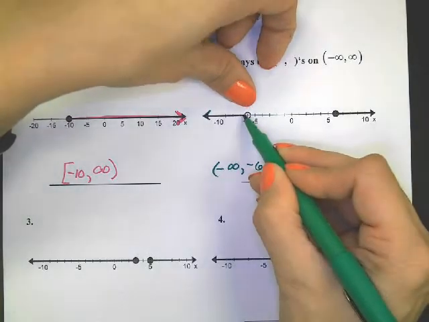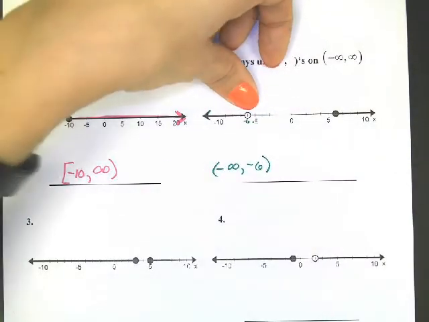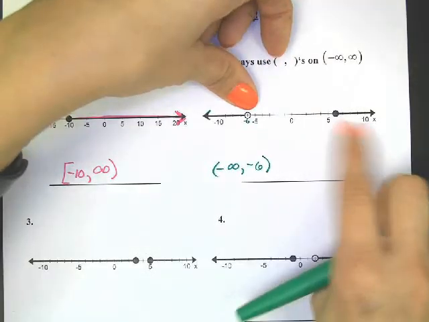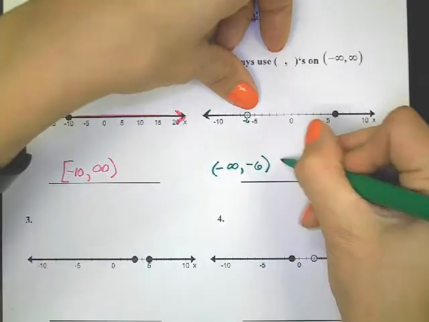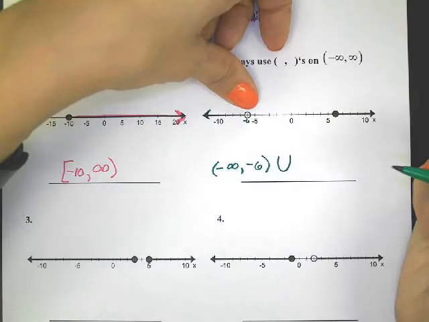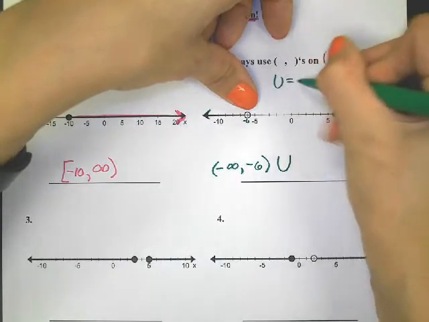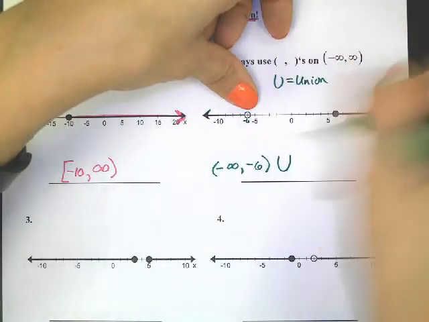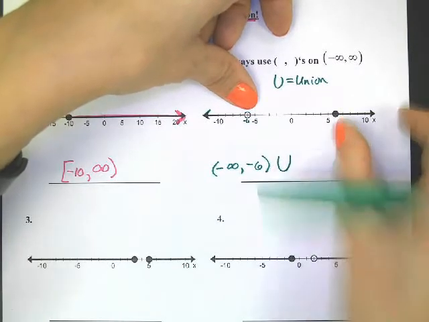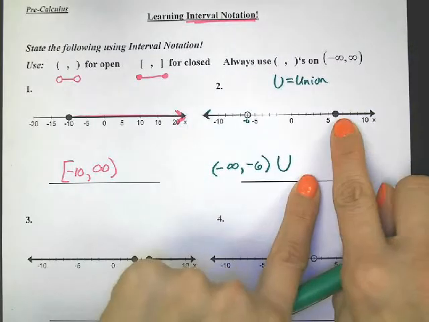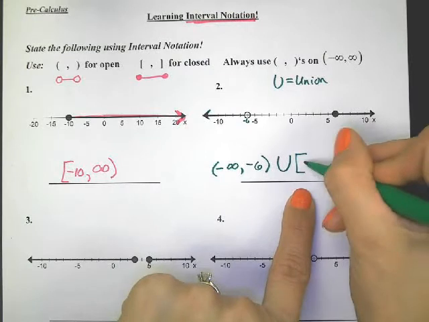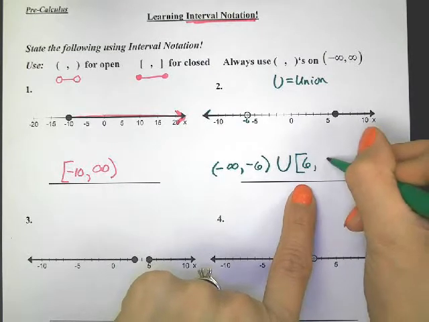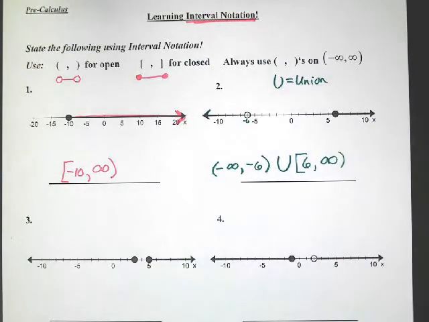That means all these decimals are used, but not the number -6. And now there's some more, so you draw a U for union. This means union, and that means and there's another piece. So starting there at +6, I'm going to put a bracket, +6, all the way to infinity.